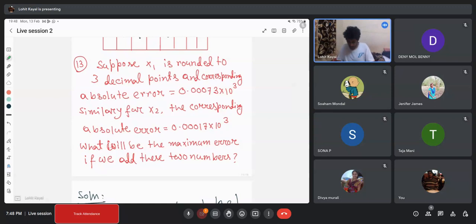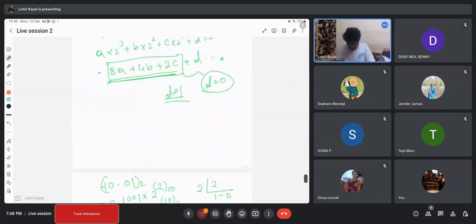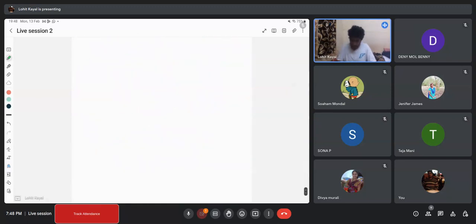Okay, so you have one number x1 and another number x2. Suppose there is some error in representing the number completely, so we are only getting an approximation of this number, that is x1 star and x2 star.